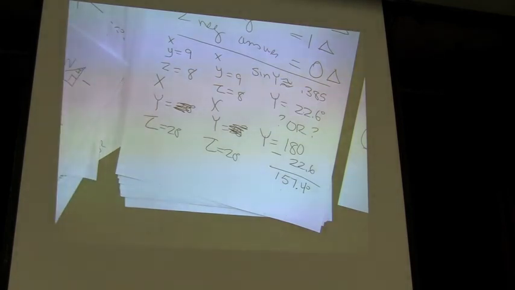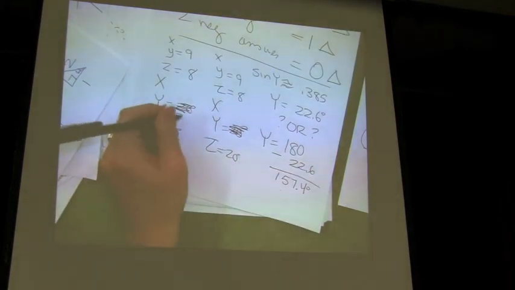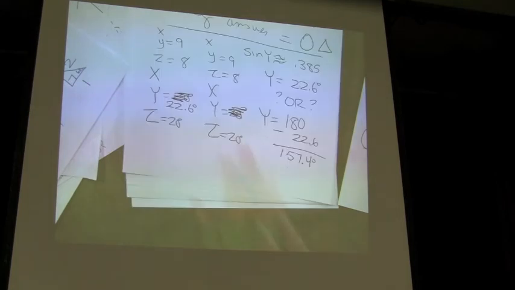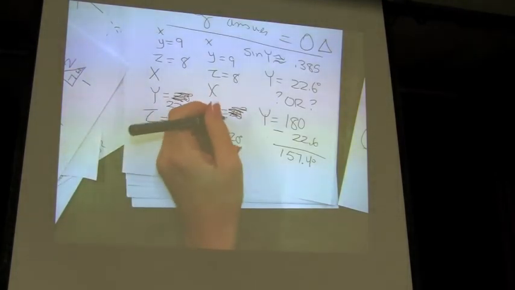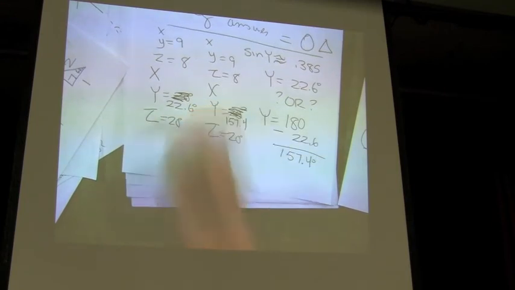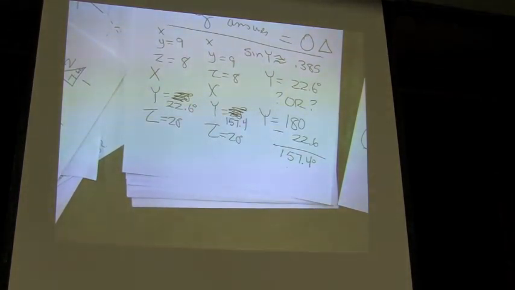You've got two possible values of angle Y. You've got the possibility that angle Y is 22.6, but you've also got the possibility that angle Y is 157.4.